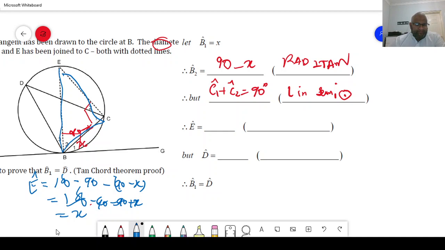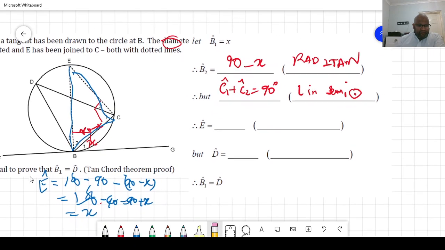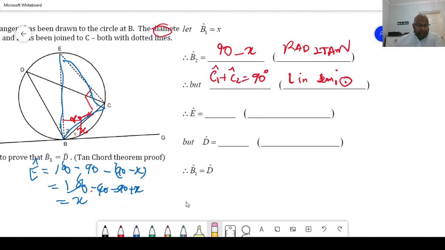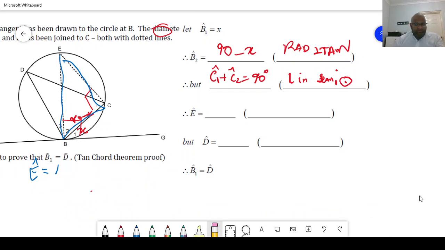Can you see that? And what did I use there? I used sum of triangles. Okay, just take that off. Just write in that. So angle E is going to be x degrees, and what is your reason there?